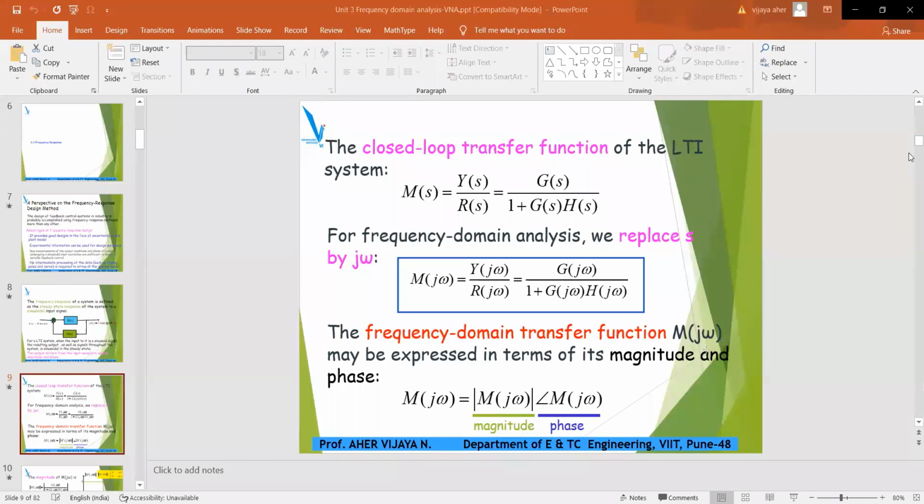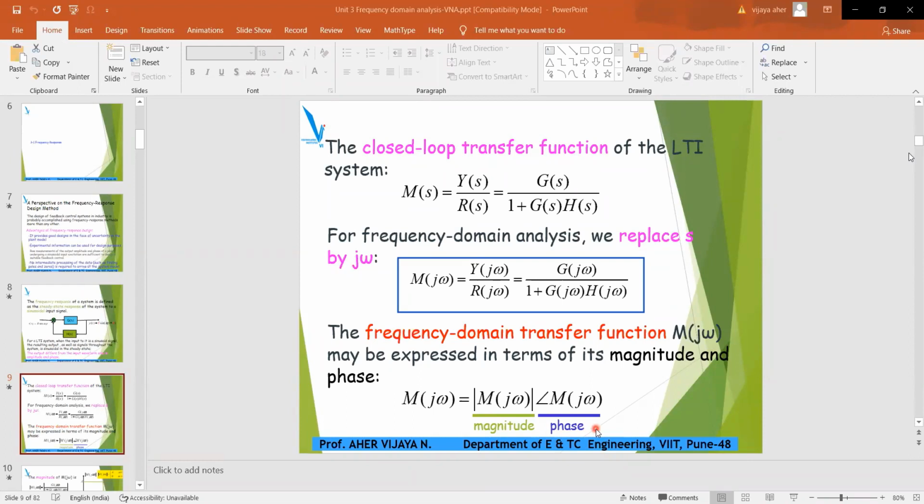You can express M of j omega in terms of its magnitude and phase: M of j omega is equal to mod of M of j omega into angle of M of j omega. The term mod of M of j omega is nothing but the magnitude of your frequency domain transfer function, whereas angle of M of j omega is nothing but the phase.